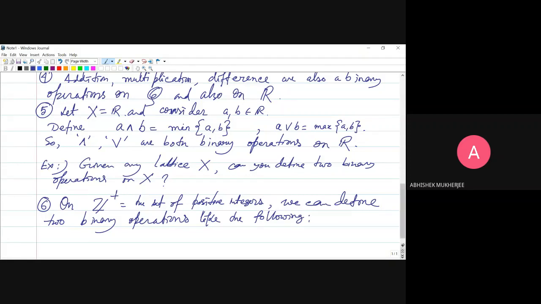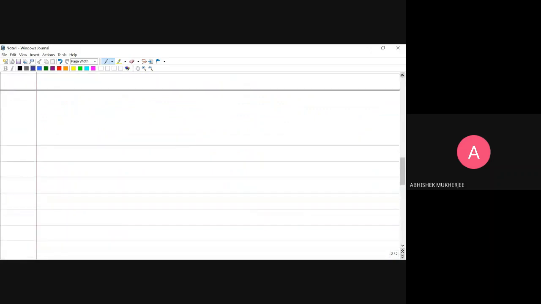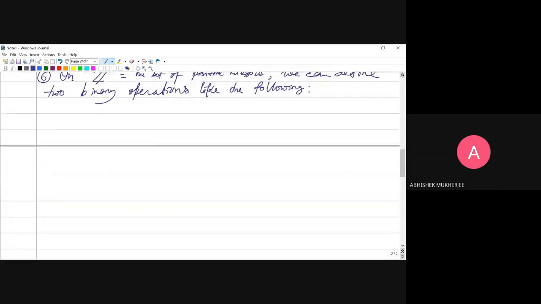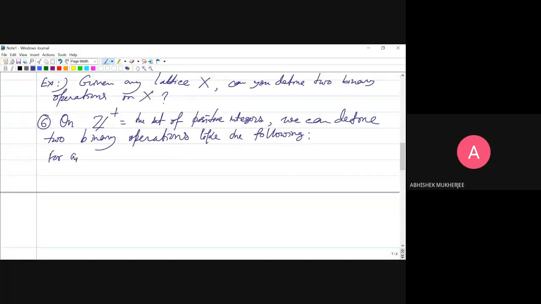For A comma B belongs to Z plus, A compose B is equal to GCD of A and B, and A star B is equal to LCM of A and B. And I think you all know how to calculate GCD of A and B, LCM of A and B, right? By using the Euclidean algorithm.